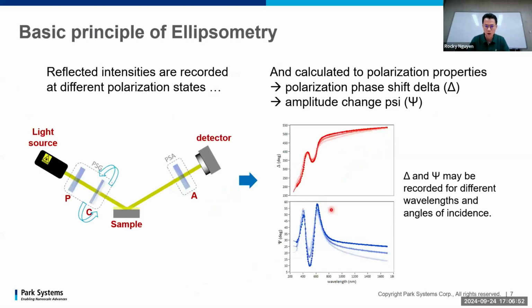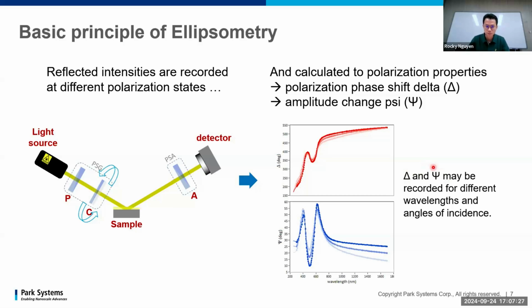The basic principle of the ellipsometry is that the reflected intensities of the incident beam are recorded at different polarization states. After that, the polarization properties are converted into the phase shift, delta, and the amplitude change, psi. When we have different sets of delta and psi at different wavelengths, we can calculate the optical properties of the sample.